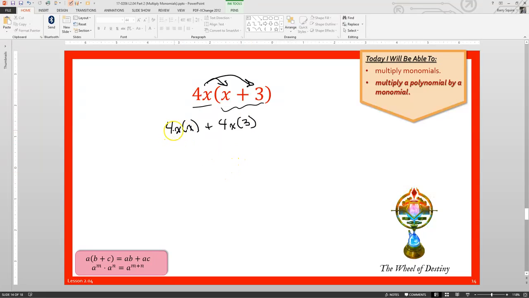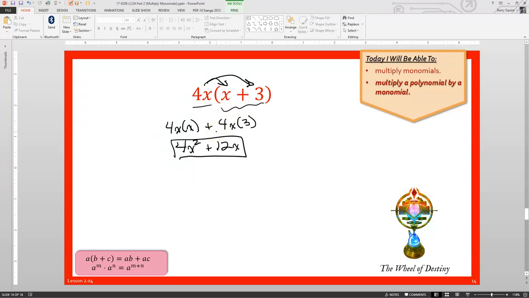So we know how to do this one. This becomes 4x squared plus 12x, because the 3 is multiplied by the 4. So that's how that would turn out. We'll almost always get the same number of terms that we have in the parentheses.